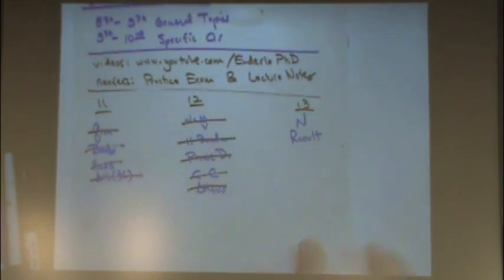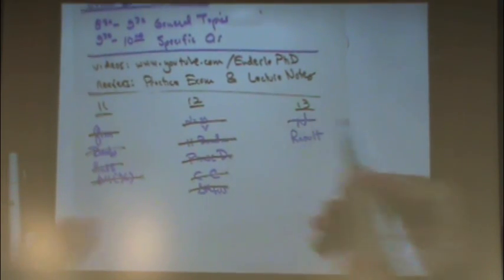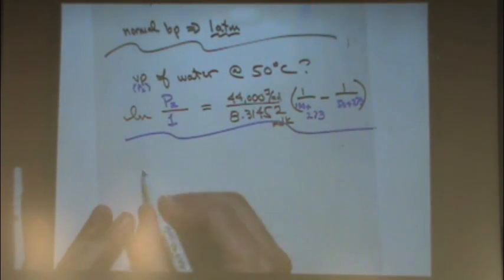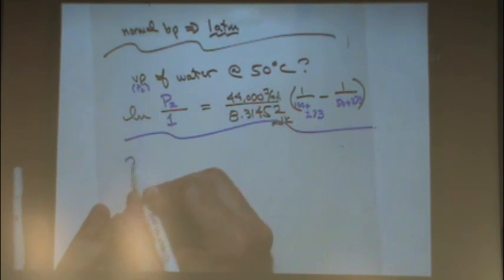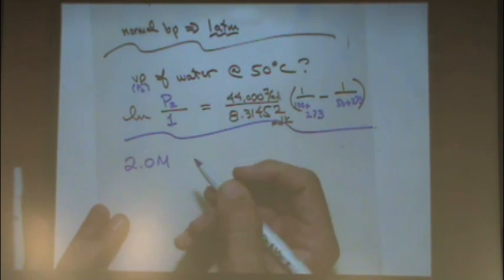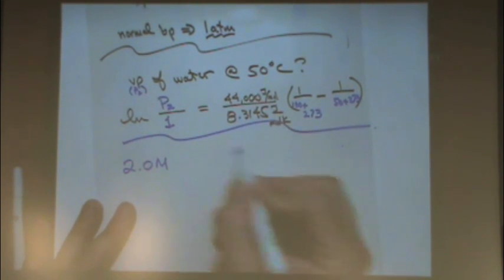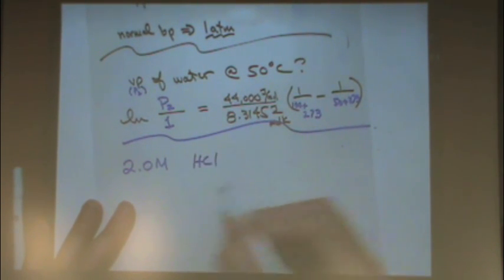Chapter 13. Let's do normality. That's a pretty quick one. Just a little concept we did. If you know molarity, so let's say we have 2.0 molar, and we usually do this for acids. So let me pick a couple acids for you.